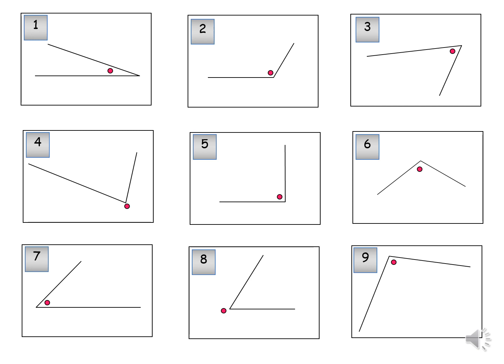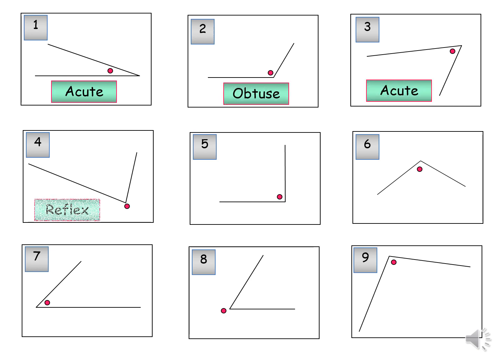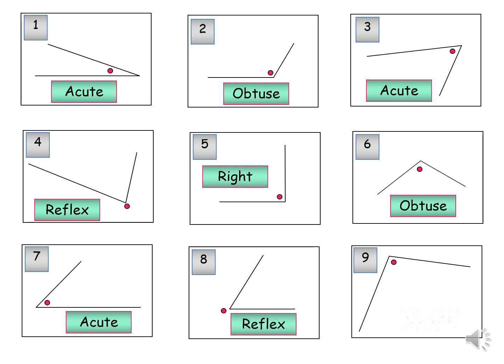Okay, so the first one, clearly we would have noticed that is an acute angle. Second is obtuse, third is acute, fourth reflex, the fifth one is a right angle. 6, 7, 8 and 9, there are your answers. And obviously the main thing here is looking and identifying visually what they look like.